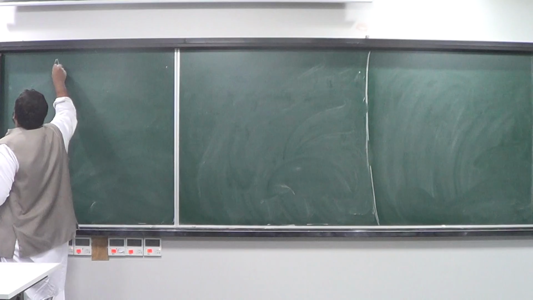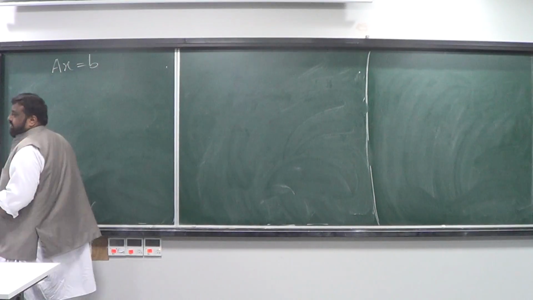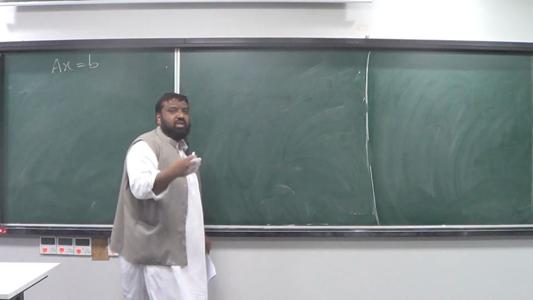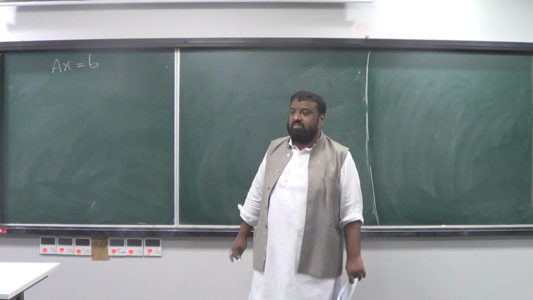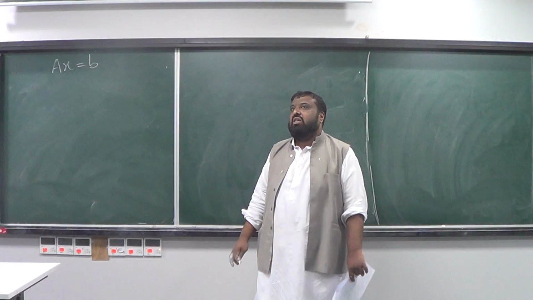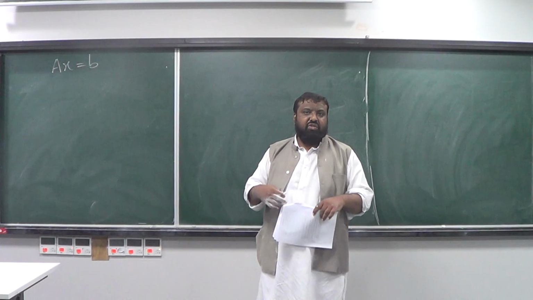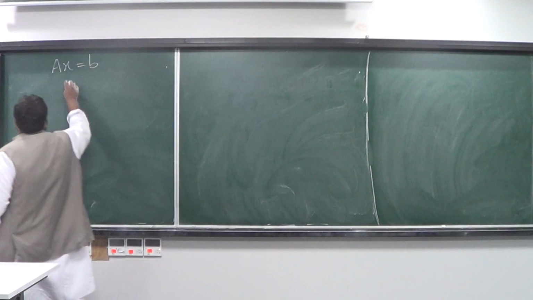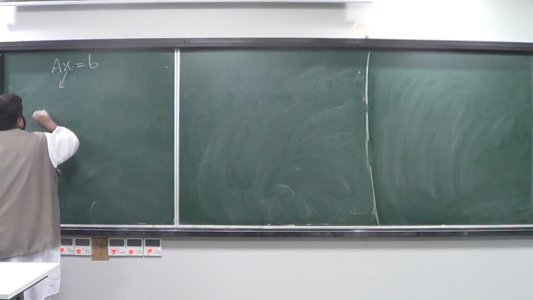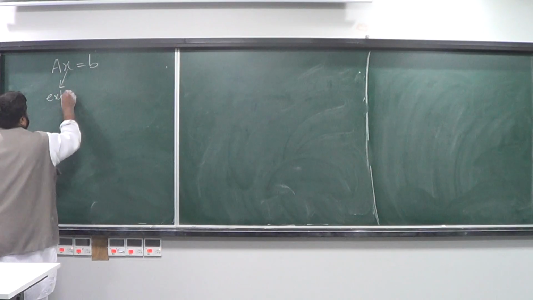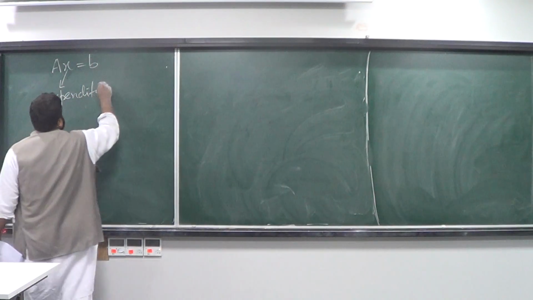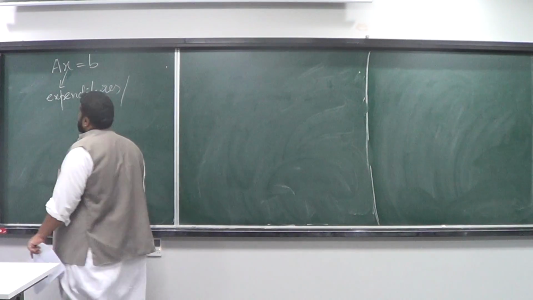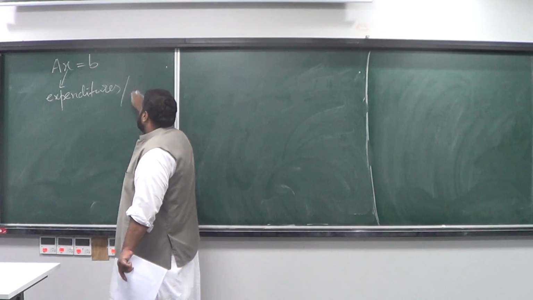So imagine Ax equal to b is a system of equations that models your economic situation, or any economic phenomenon or process. Now I know that this x is representing my expenditures, the economic expenditures, or the costs.